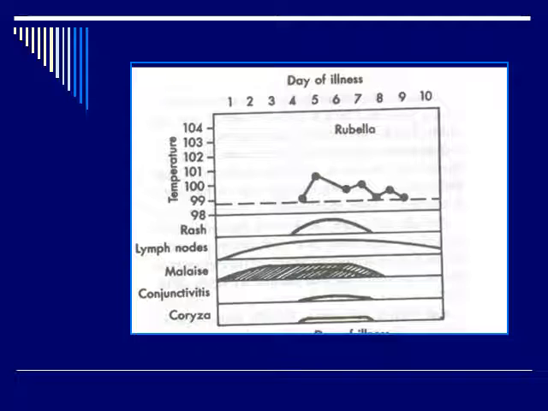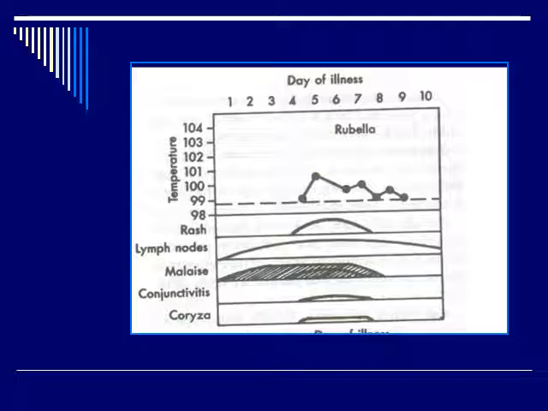The associated signs and symptoms include coryza, conjunctivitis, malaise, and lymph node enlargement, which is the pathognomonic sign of German measles. The lymphadenopathy starts before the appearance of the rash and remains after the disappearance of the rash.